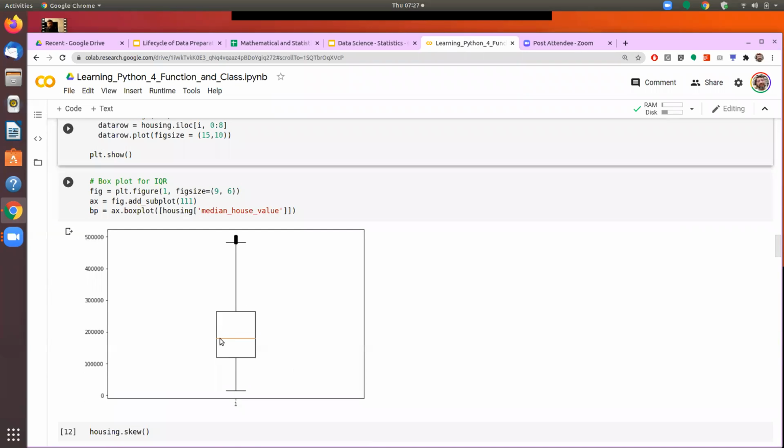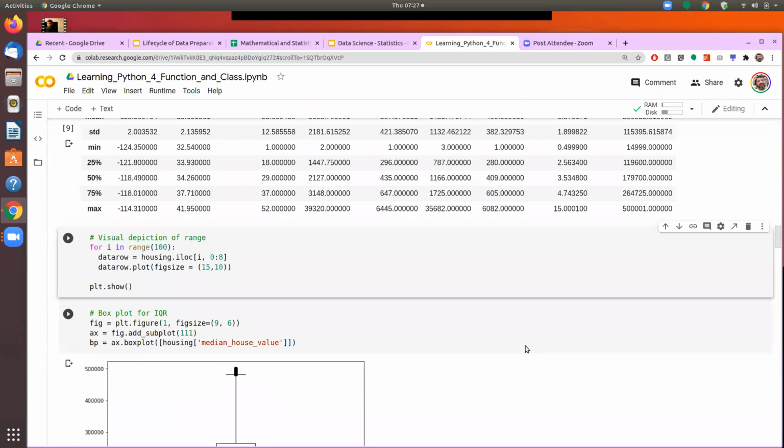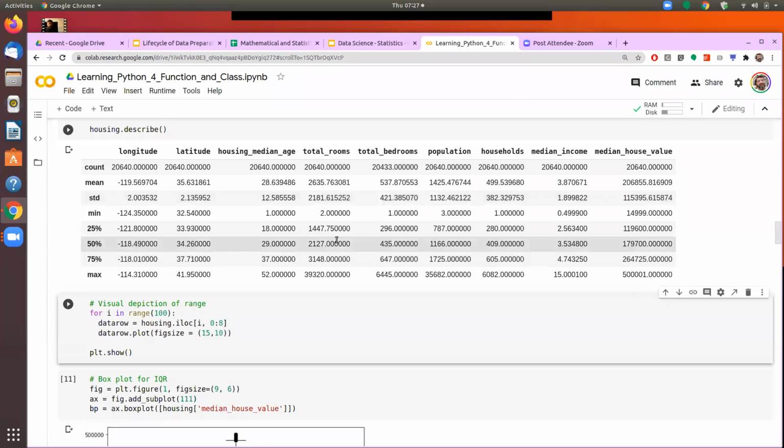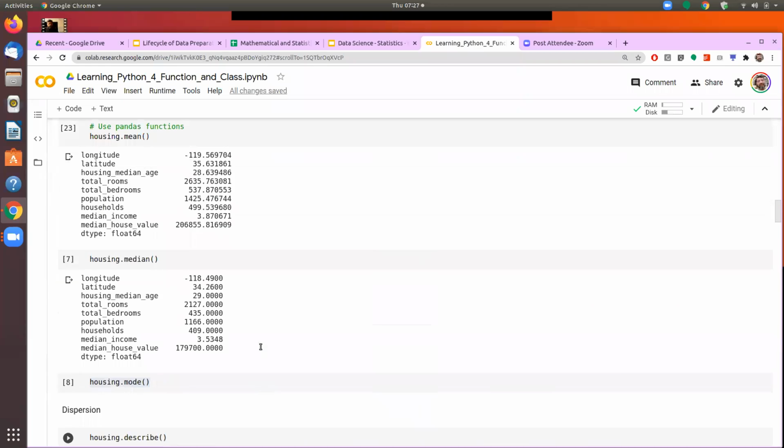It is depicting something lower than that. Okay, so 25,000 is showing the mean.